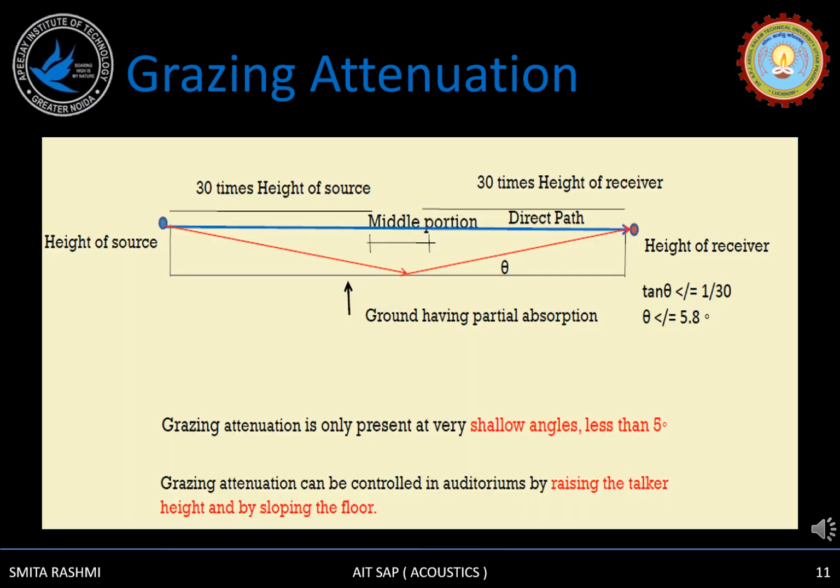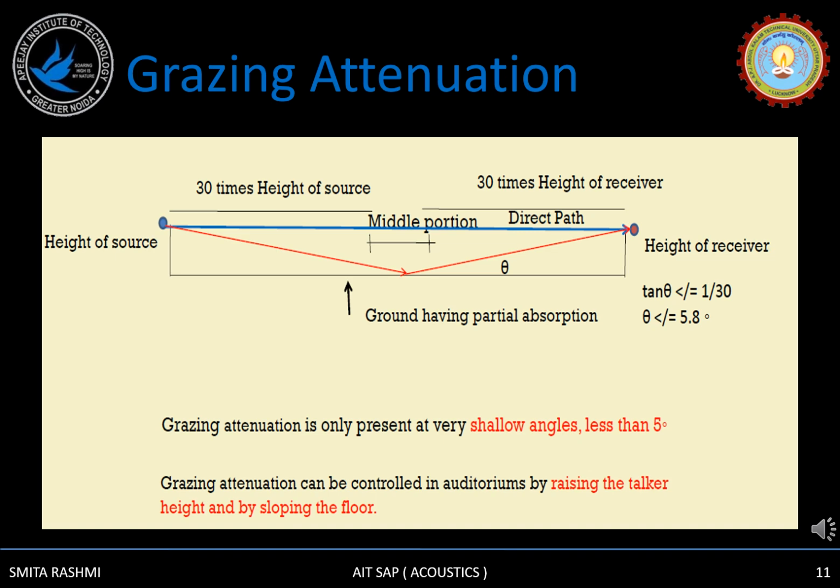You can see in the figure, this is the height of the source, then there is a long room. The length is very long, 30 times the height of the source, then we are reaching the middle portion, and then again 30 times the height of the receiver. Then we are getting to this height of the receiver.